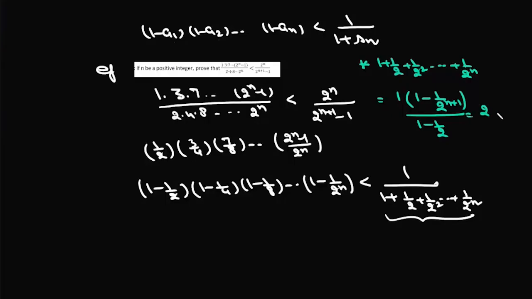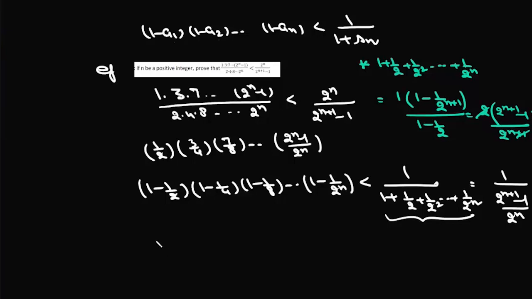So it will be 2, and then 2 to the power of n plus 1 minus 1 upon 2 to the power of n plus 1. Now this 2 and 2 will cancel. So this value will be 1 upon 2 to the power of n plus 1 minus 1 upon 2 to the power n.